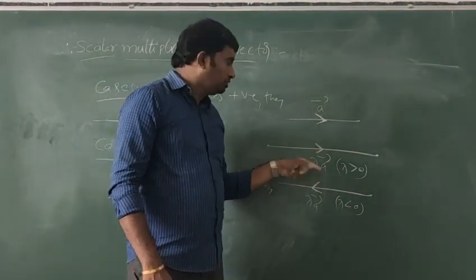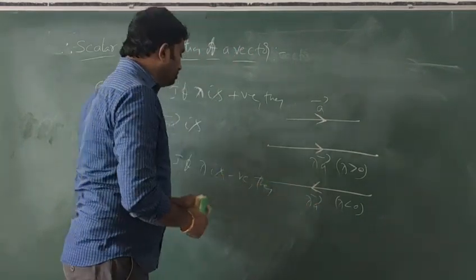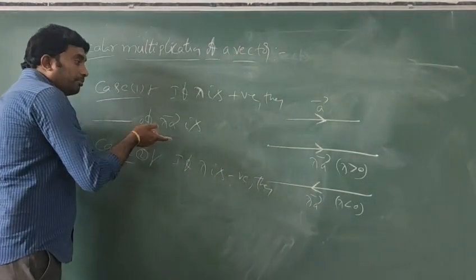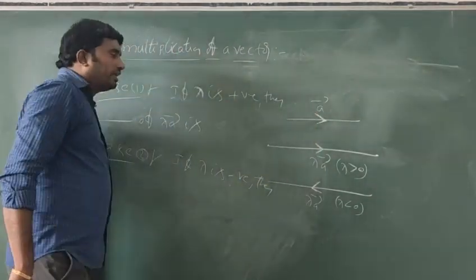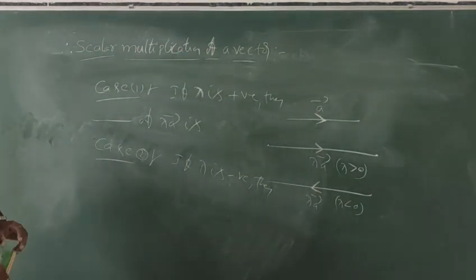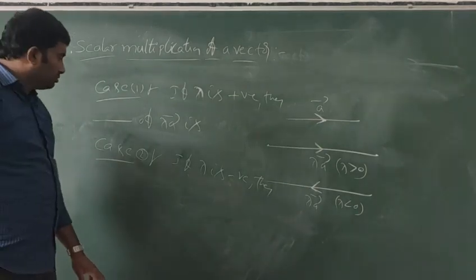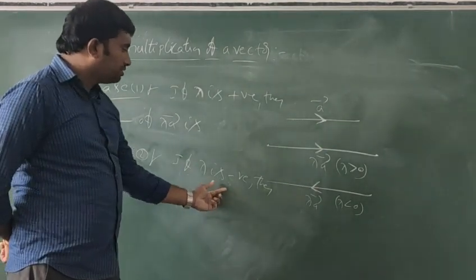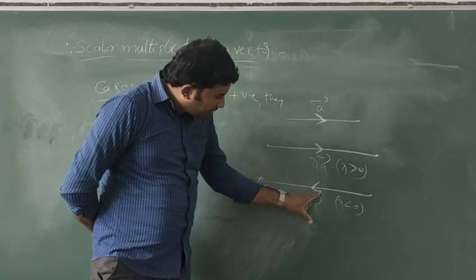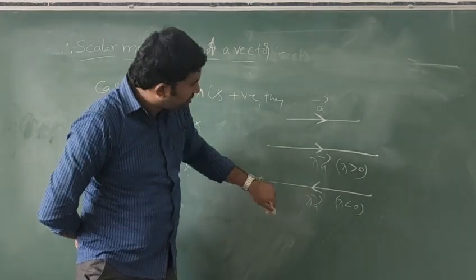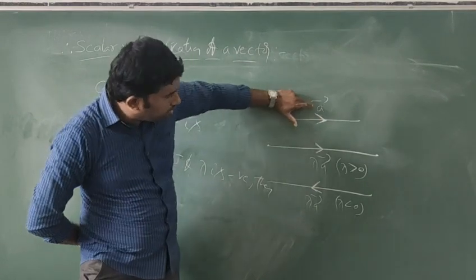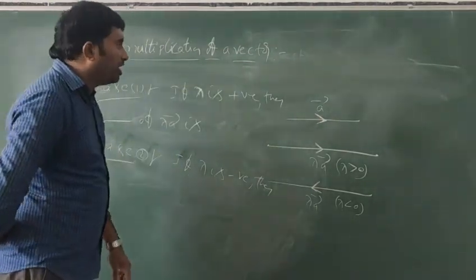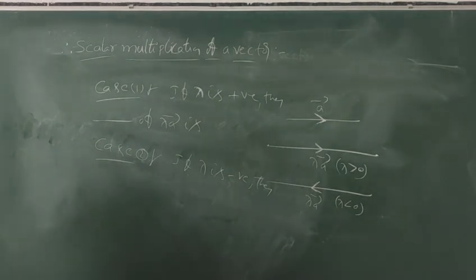Positive same, negative opposite, right? The direction of the vector lambda A bar is opposite to the direction of the given vector A bar. That is the second note. Once again, check it. If lambda is negative, then the direction of the vector lambda A bar is opposite to the direction of the given vector A bar.